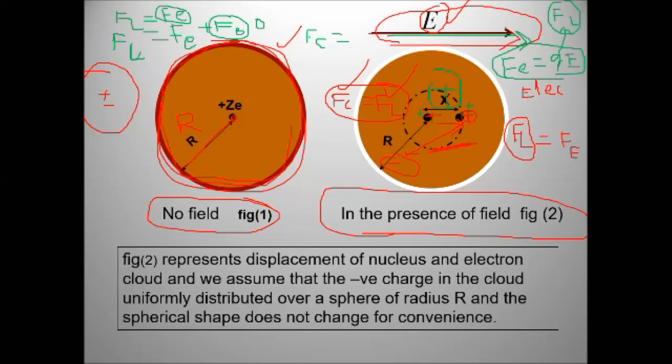If 10 protons are there, 10 electrons are also there. If it has 20 protons, it has 20 electrons. The charge is neutral. Is that clear?